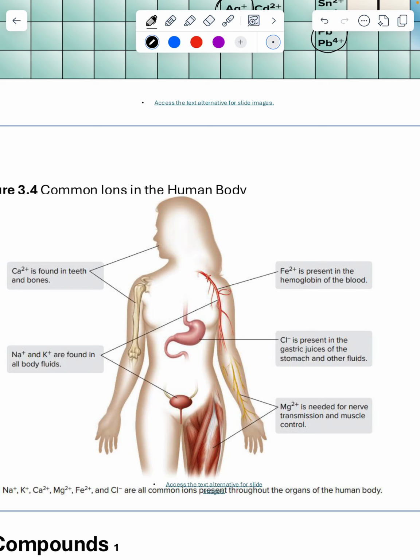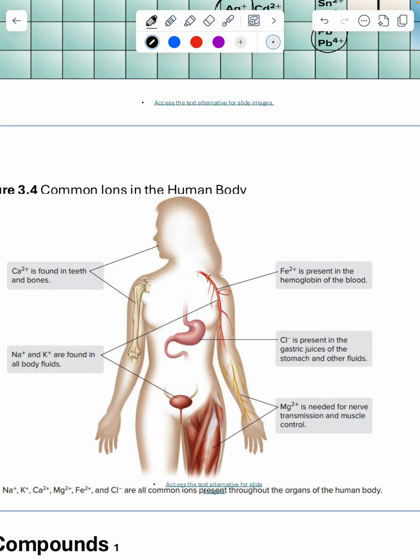Iron 2 in particular, is found in our blood, in the hemoglobin of our blood, and that's what carries oxygen in our blood, so that's very important. Chloride ions are present in our gastric juices and stomach fluids and other things. And then it shows magnesium 2+ is needed for nerve transmission and muscle contractions. So you can see all of these chemicals are very important in our body.